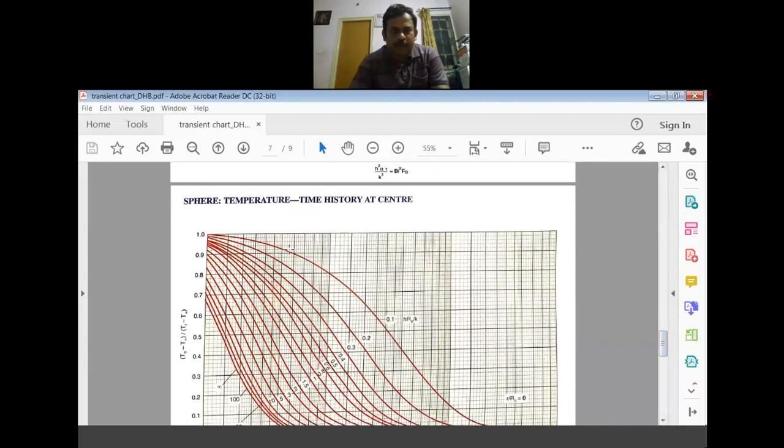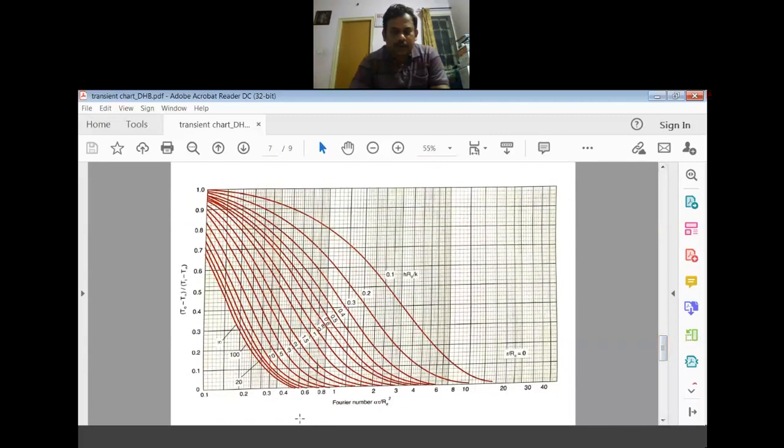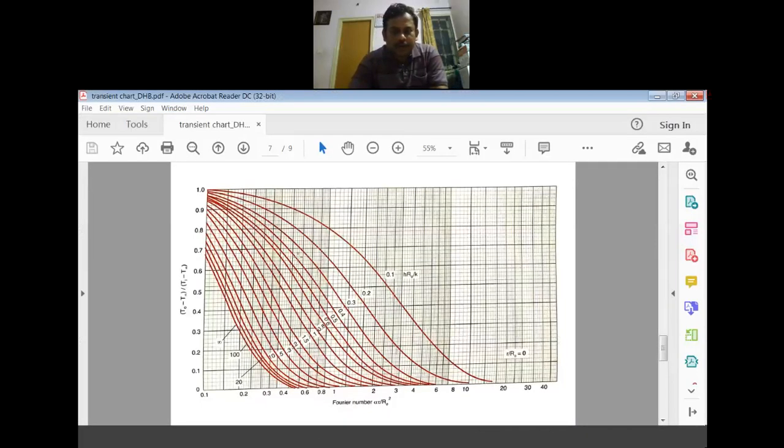Okay, this is a sphere. So what were the values that were given? 0.21 and 3. 3 is the Fourier number and 0.2 is the Biot number.